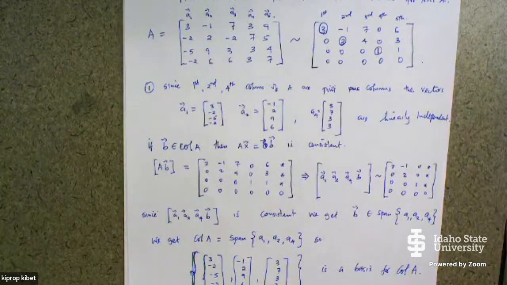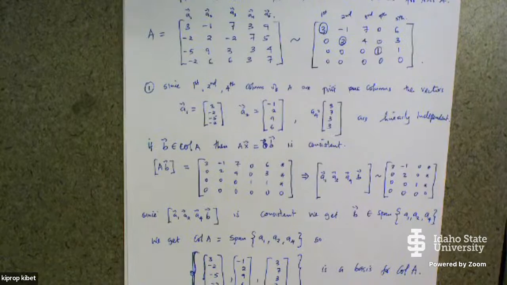The columns which have the pivot positions are the basis for the column space of A. So once you find the pivot columns, those columns are the basis for the column space.